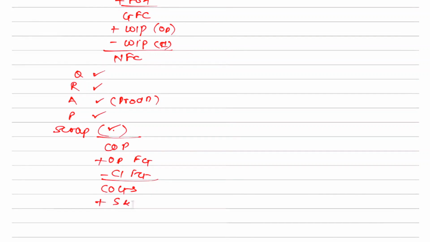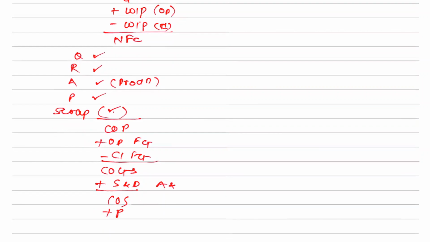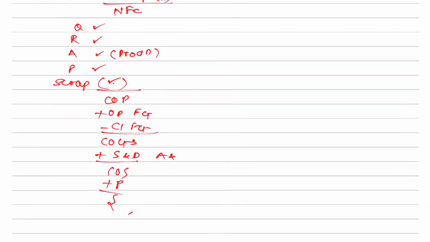Plus selling and distribution and general administration overhead, you get cost of sales, plus profit gives sales. You should remember this format a little.